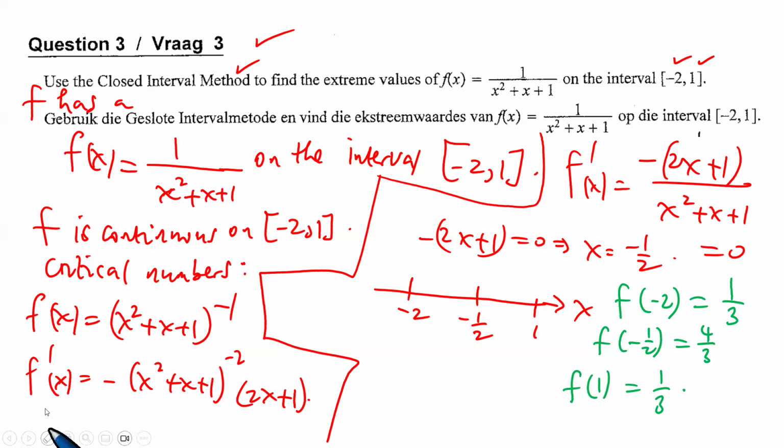So you then say f has a global minimum of 1/3, because now you look at the values.